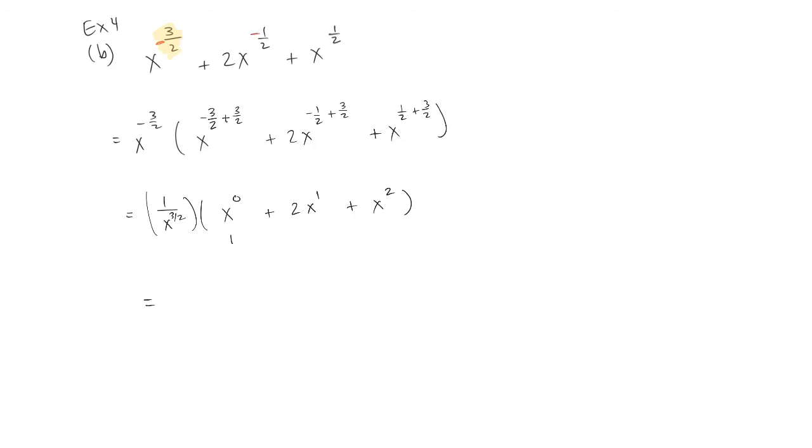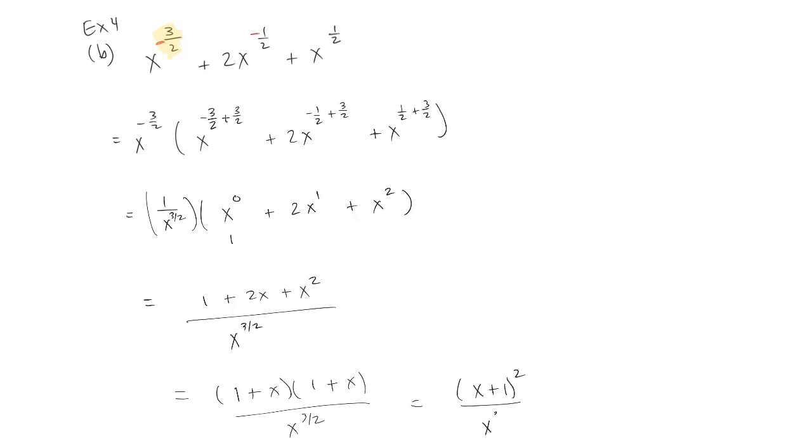And so then we've got, let's see, I'm going to put all this over x to the 3/2, and then I have x to the 0, which is 1, plus 2x plus x squared, and that will factor: 1 plus x times 1 plus x, or x to the 3/2, and we could write that as 1 plus x, or x plus 1 quantity squared. And we're done.